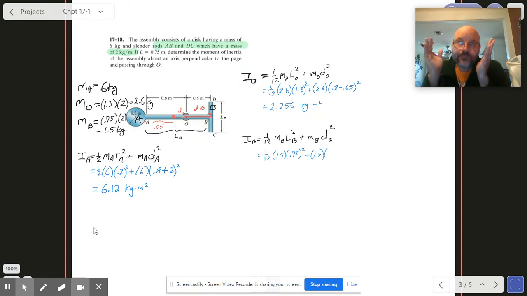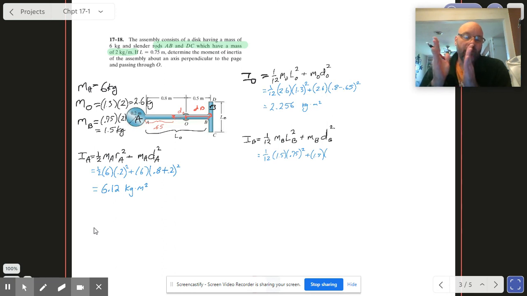Now, they don't tell us anything about how thick these rods are, so we have to assume that they're very thin, unfortunately, and that doesn't really match well with the picture. In the picture, they look pretty hefty, pretty thick. But since they don't give us a dimension, there's no way we could deal with that.